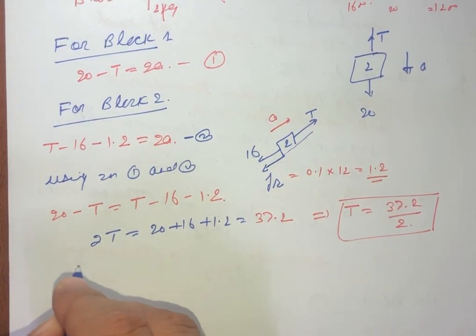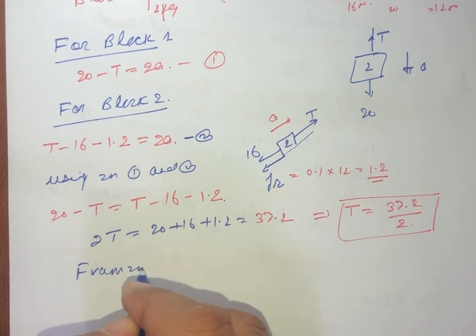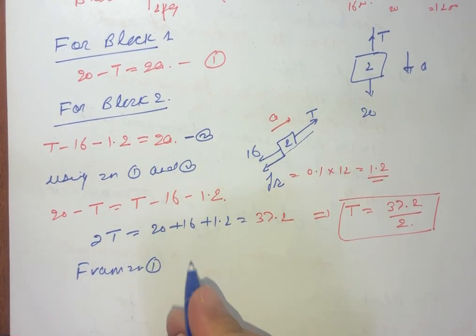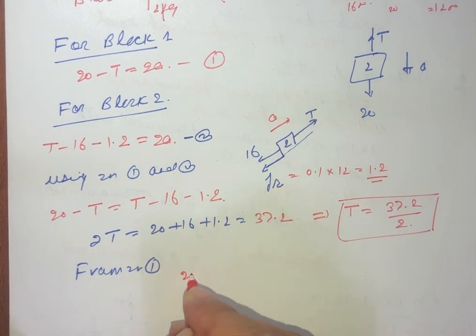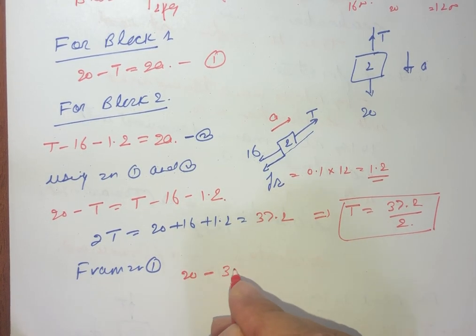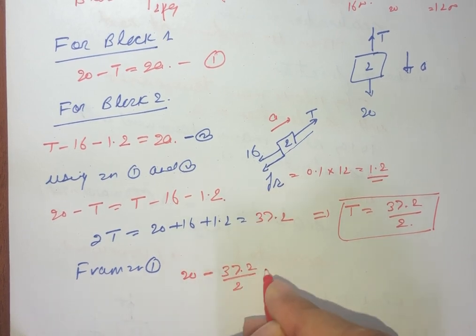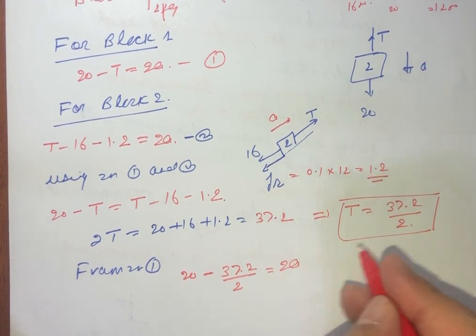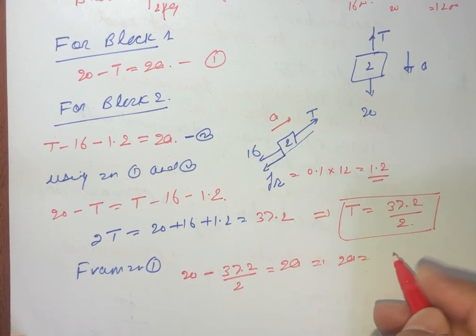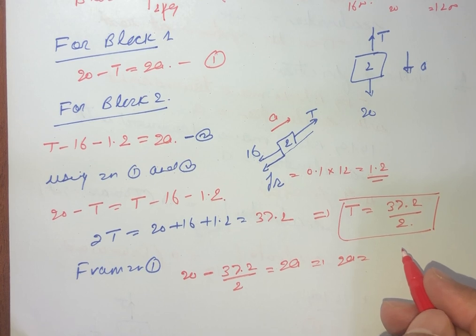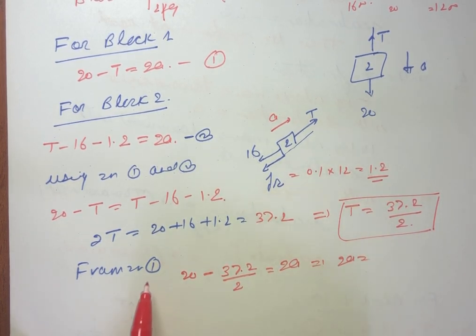Okay. So from equation 1 we get 20 minus 37.2 divided by 2 is equal to 2A. One second, let me check. Yeah, I think so. Okay.